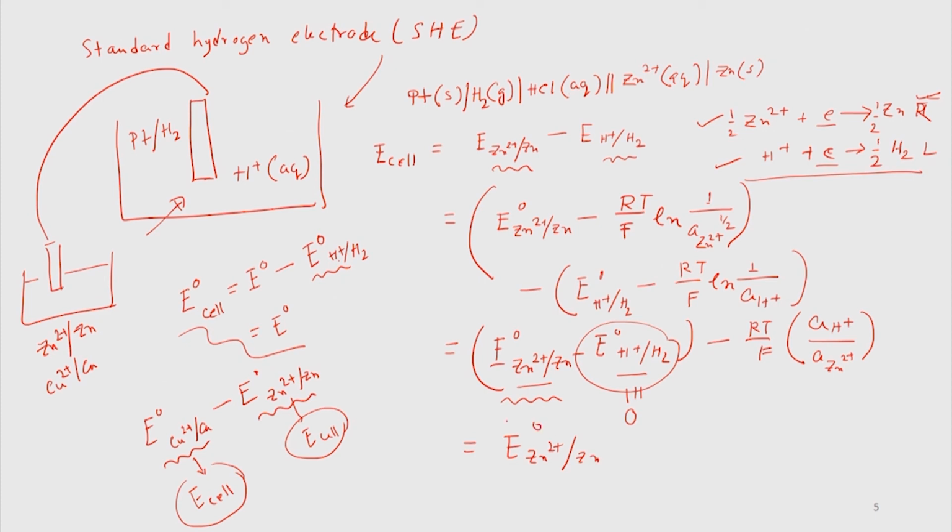For the standard hydrogen electrode, the activity we can also make close to 1, but this is not necessary. You can always measure the activity, because you can write the activity in terms of the activity coefficient times the mole fraction, and you can also measure the E cell, and thereby you can measure the E0 of zinc 2 plus zinc.